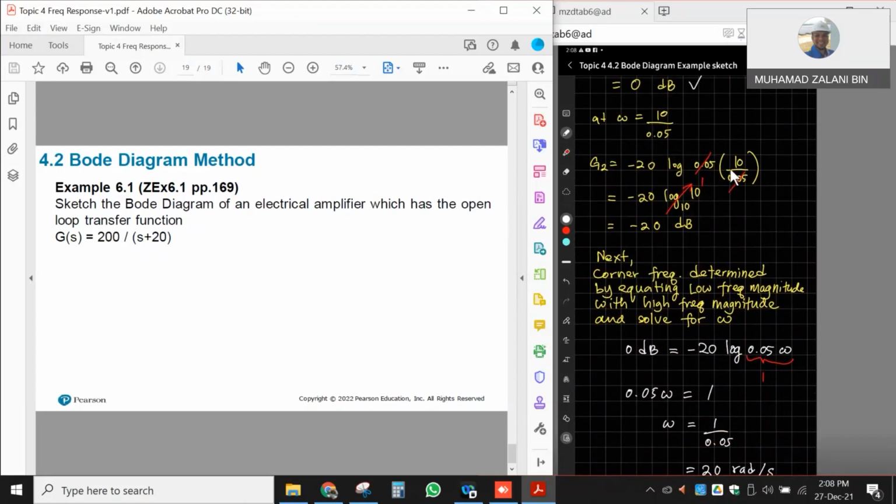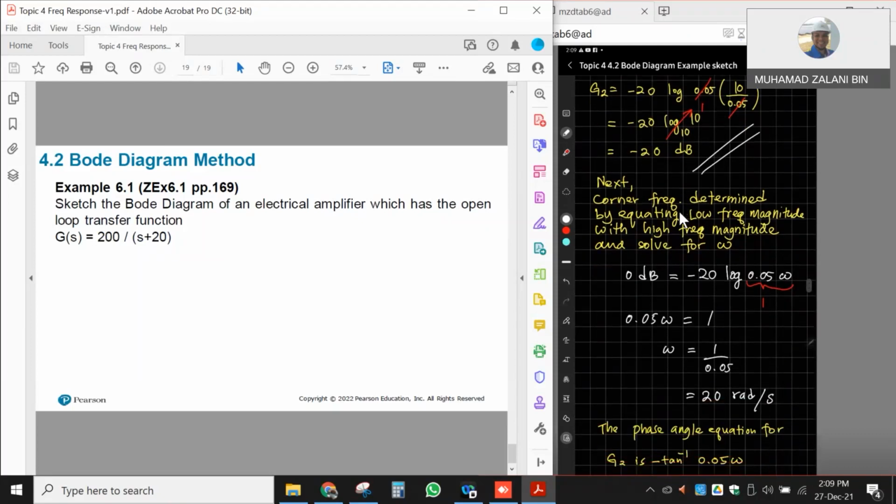Again 0.05 is cancelled, meaning that this part becomes log 10 of 10, so this part becomes 1. It is G2 equals to -20 decibel.